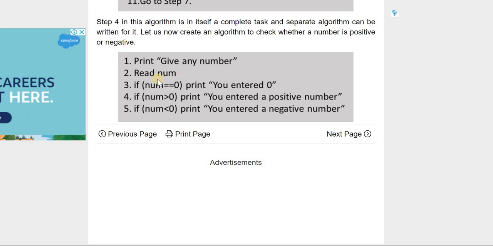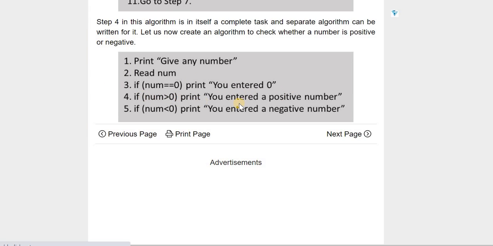After that, step number 3 is: if number is equal to 0, then print "you entered 0". If the number is 0, then you just need to print that you have entered 0. Otherwise, if the number is greater than 0, print that you have entered a positive number.